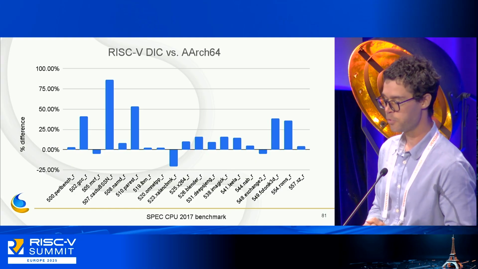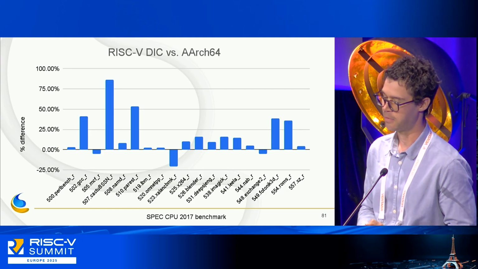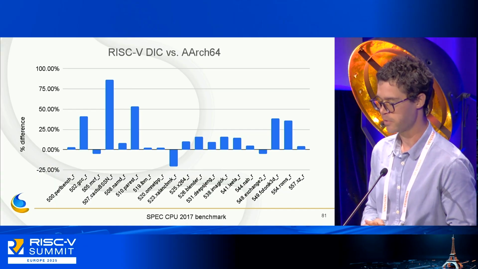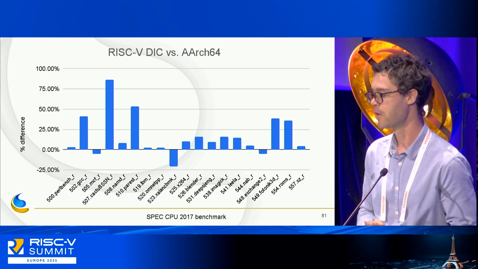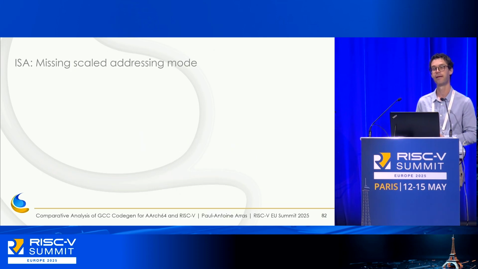On this second view, you've got the relative difference between RISC-V and ARM, ARM being taken as the reference here, and you can see that some benchmarks like GCC or Cactus or Arras exhibit quite a significant difference. So we're going to focus on those benchmarks in our analysis.